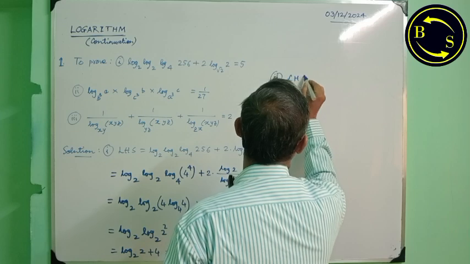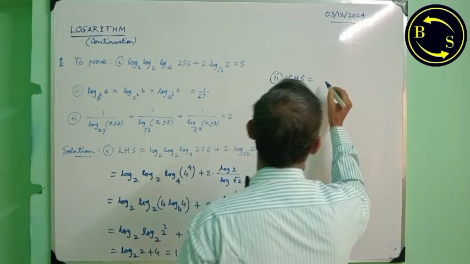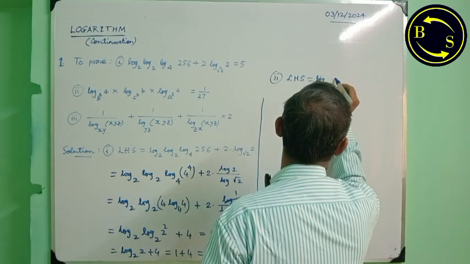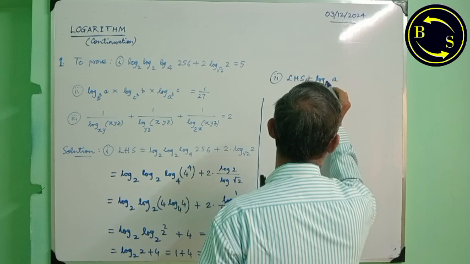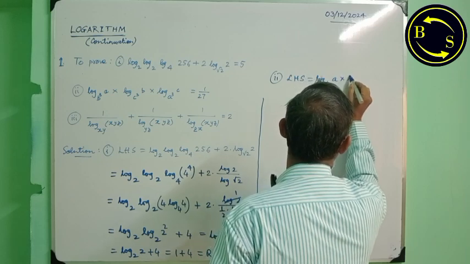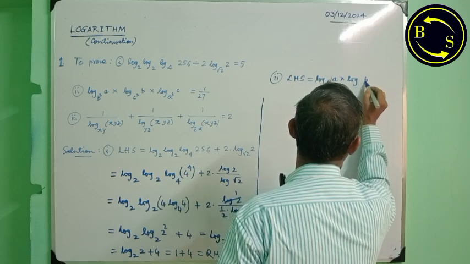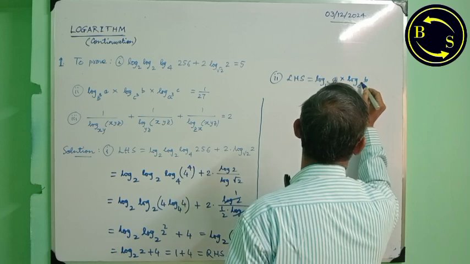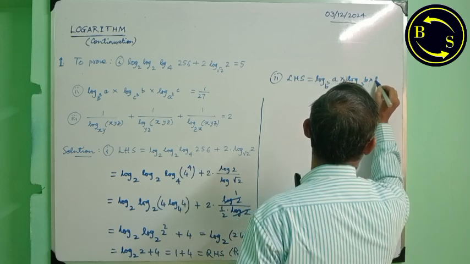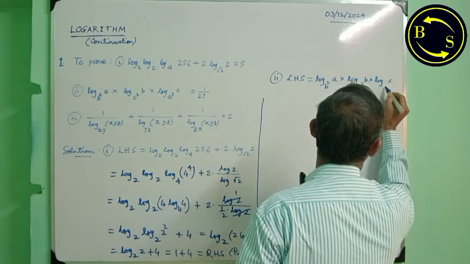LHS: log of a to the base b cubed, into log of b to the base c cubed, into log of c to the base a cubed.